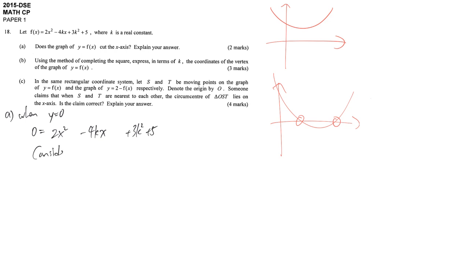Because we are not solving the equation anymore, we consider delta is equal to b squared minus 4ac. b here is negative 4k. A is 2. C is the constant without any x, so we are talking about two terms together: 3k squared plus 5.